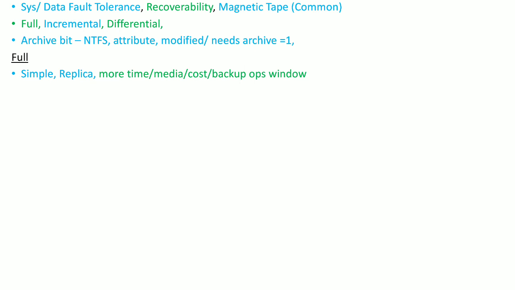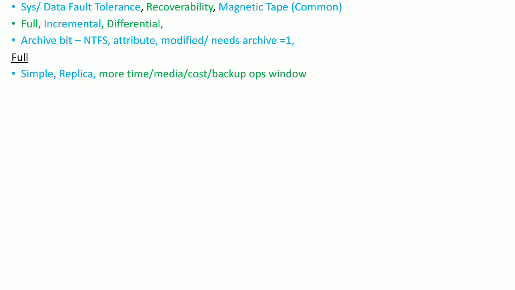Now the full backup is the simplest form of backup because it creates an exact replica of all your data files. The backup operation for full backup requires more time, and more storage media is also required, and therefore there is more cost associated with full backup.